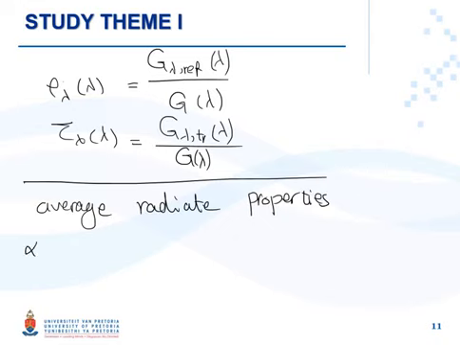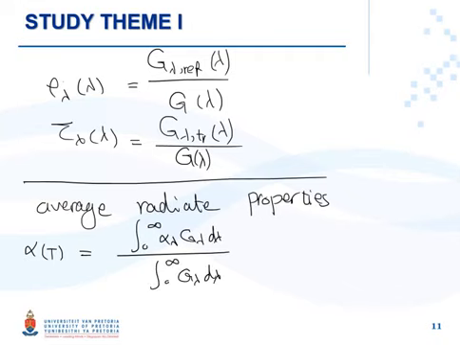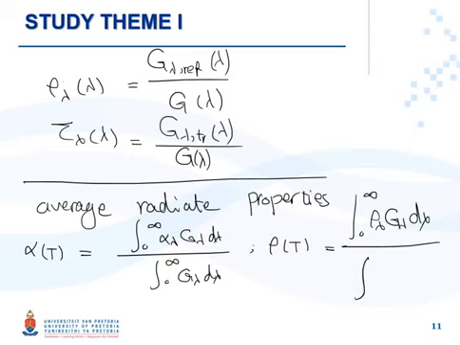So for alpha it is the integration between 0 to infinity of alpha lambda G lambda d lambda divided by the integral from 0 to infinity of G lambda d lambda. And in the same way we can do it for reflectivity as well. So it's 0 to infinity of rho lambda G lambda d lambda divided by 0 to infinity of G lambda d lambda. Okay.